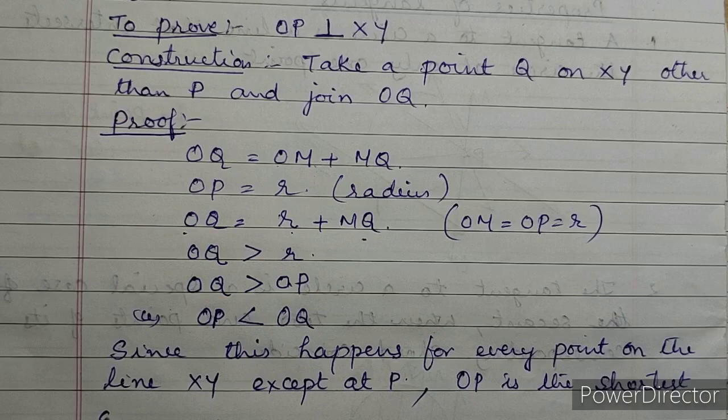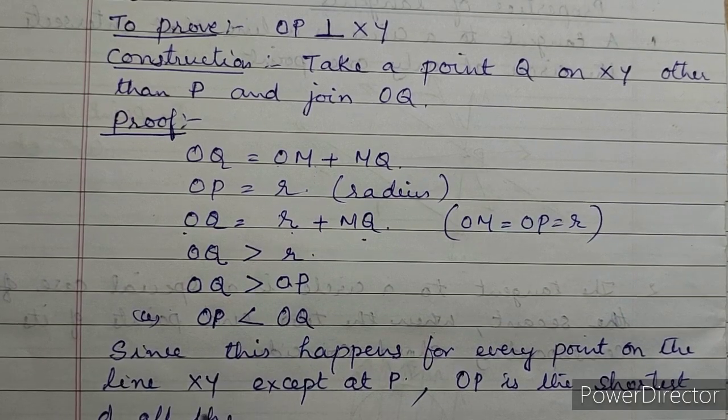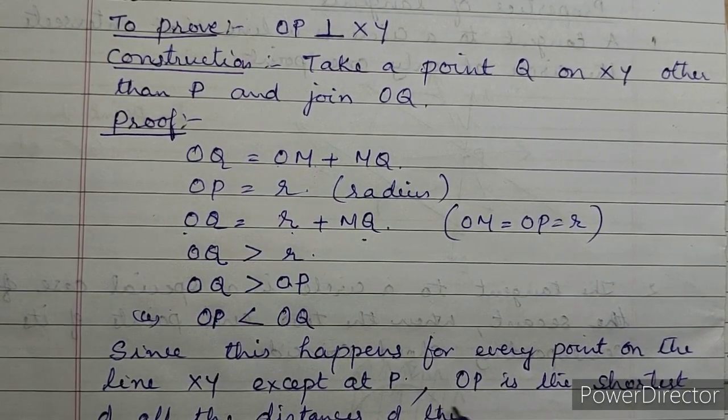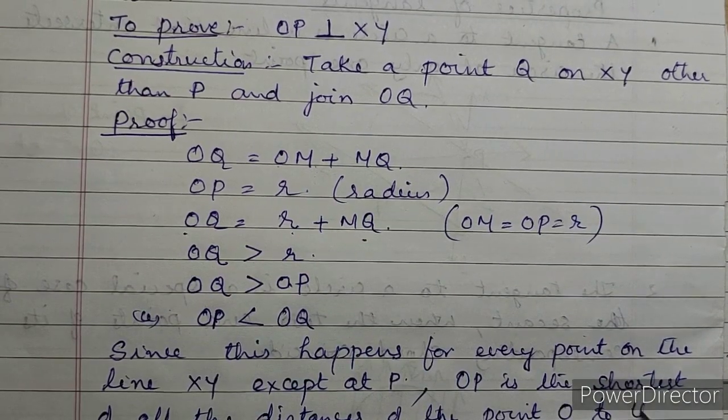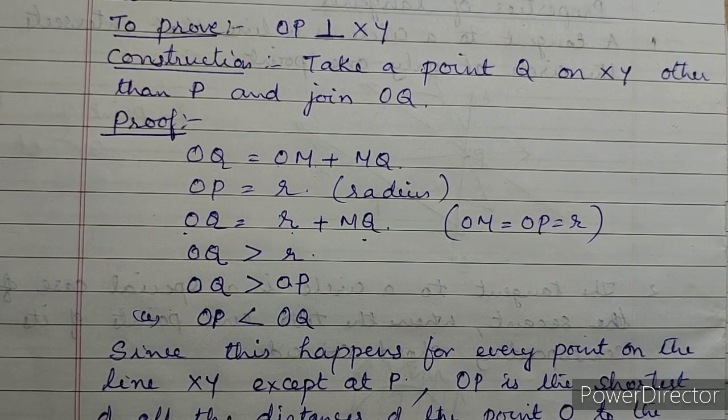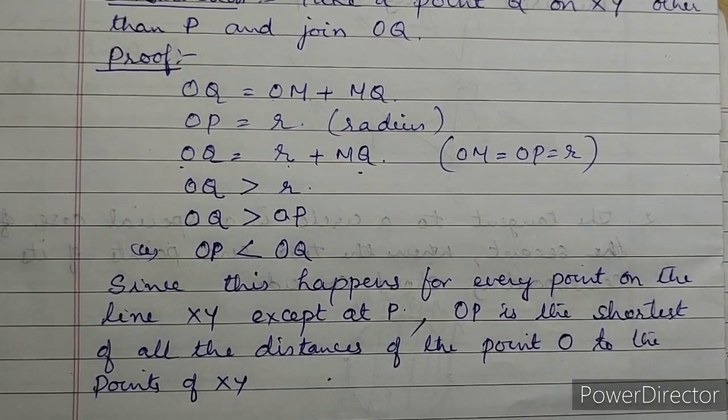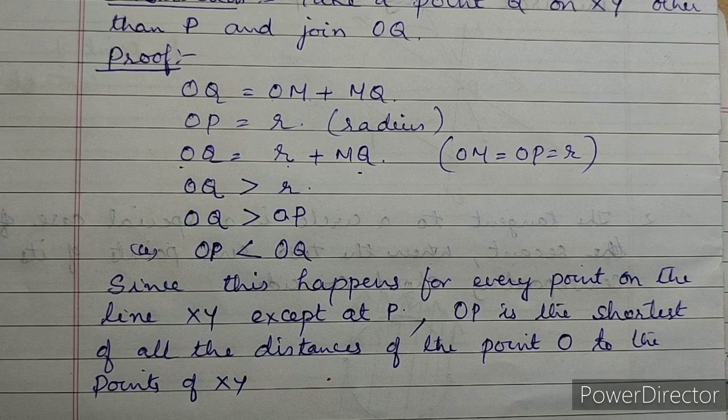Shortest of all the distances of the point O to the points of XY. So any point if you take also on XY, OP will be the shortest distance.